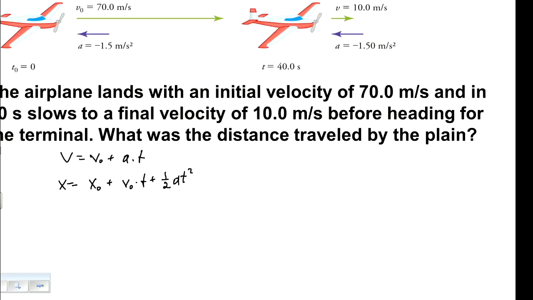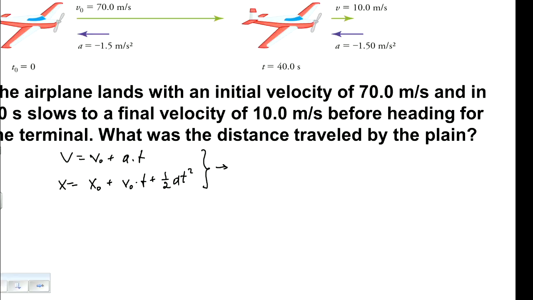Now, I strongly recommend to perform this mathematical exercise. Sometimes we don't really need to use time. In this situation we could, but sometimes we don't really need to, when we know velocities and displacement.